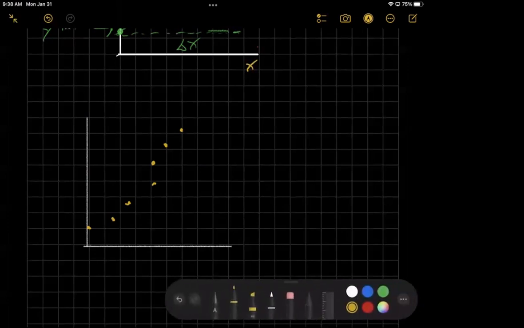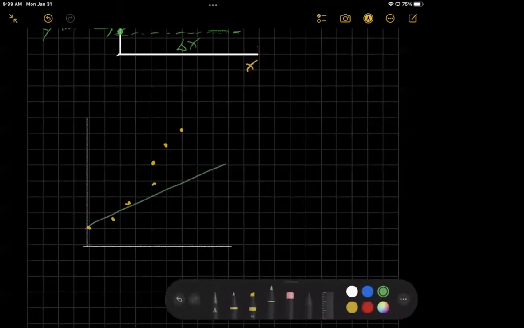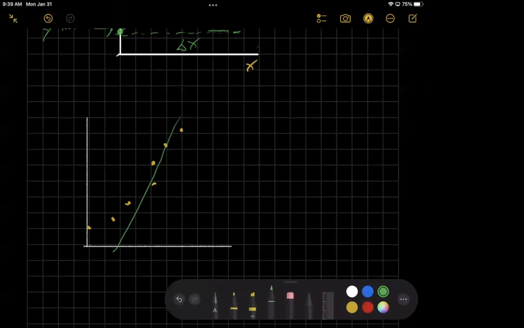If we tried to put a line into that data, down here, we'd have a line that looks something like that, which doesn't at all represent what's happening later on. And up here, we'd have a line like that that doesn't at all represent what was happening down at those lower values. So let's erase that line.